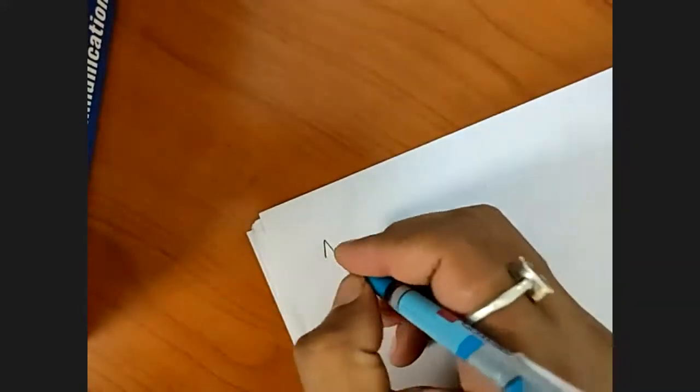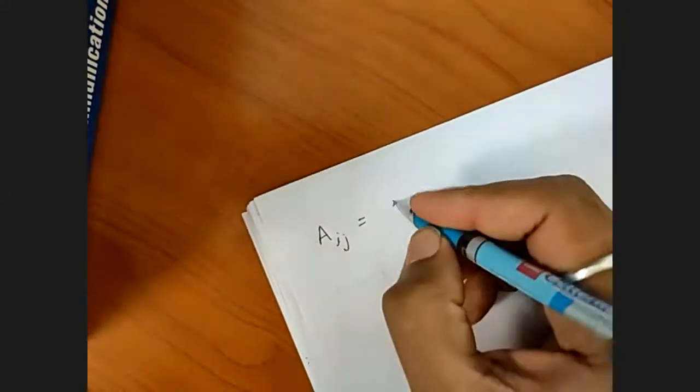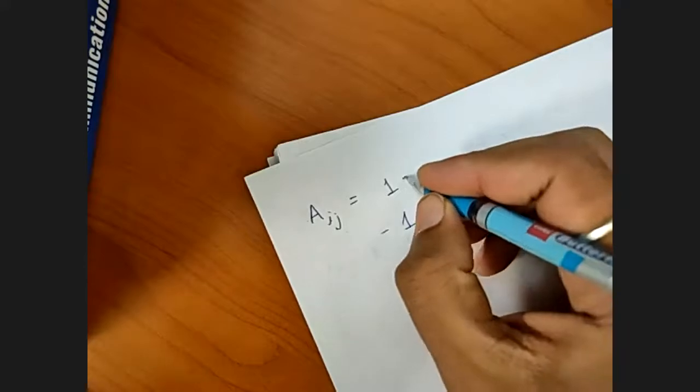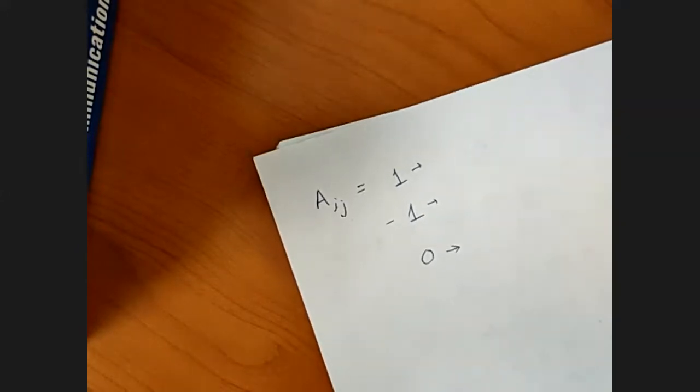So matrix A, element a_ij, can be 1, -1, or 0. It can have three values: 1, -1, or 0. 1 and -1 mean the branch is connected to that node, and 0 means the branch is not connected to that node.